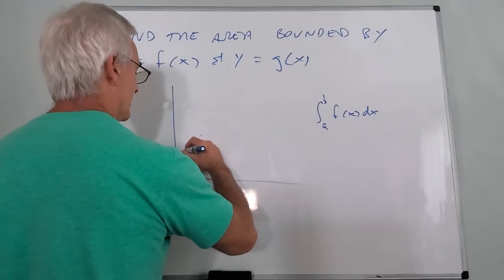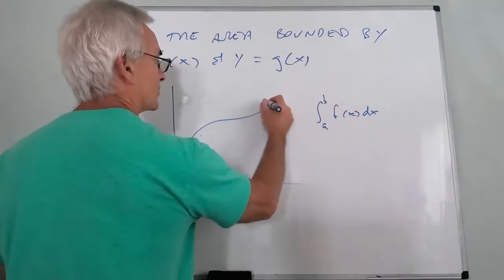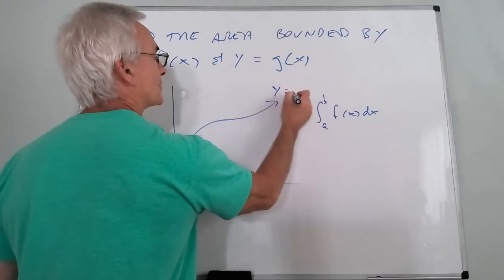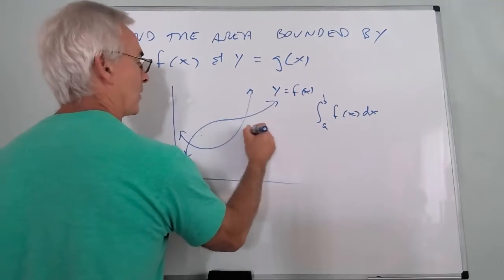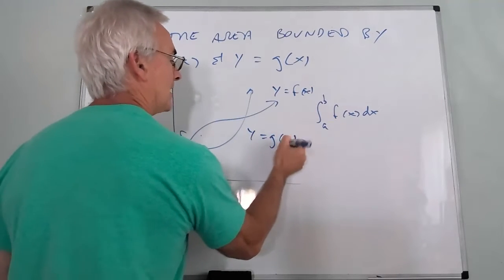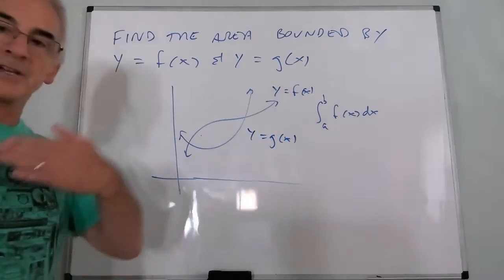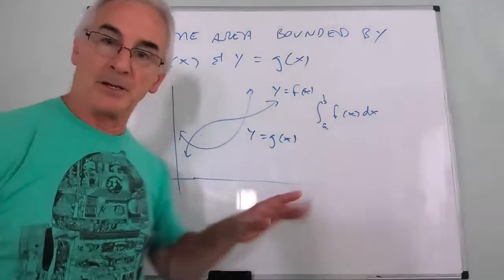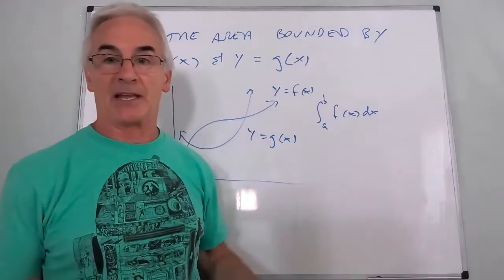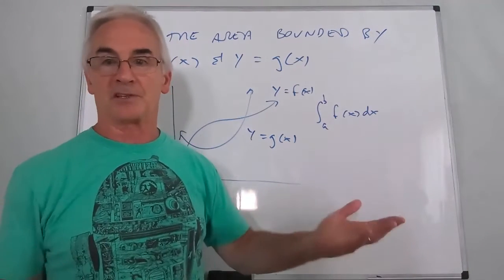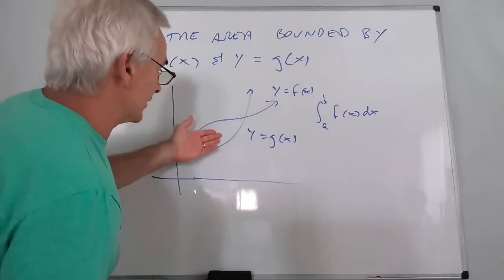So there's my y equals f of x, and there's my y equals g of x right below it. If I don't give you the range of x values from a to b because they actually intersect, again, the simplest example we like using in Calc 1 is parabolas and lines. I have a clear region here.